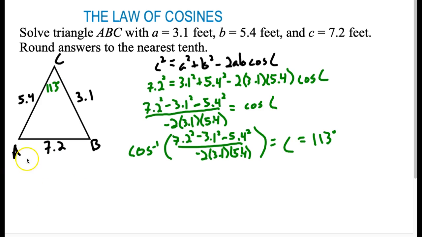And again, when we're organizing our answers, write it out like this. So we found this is 113. Now we know these three already.